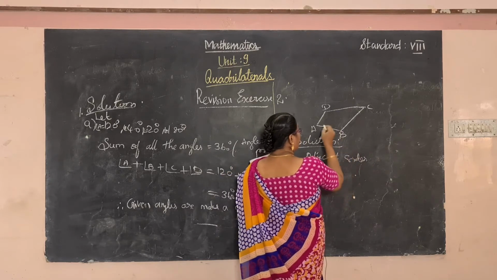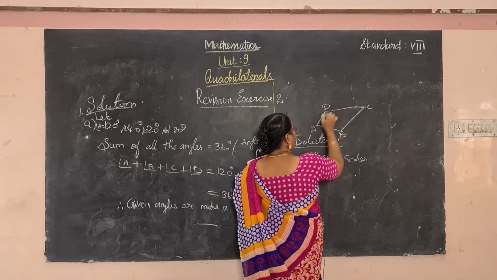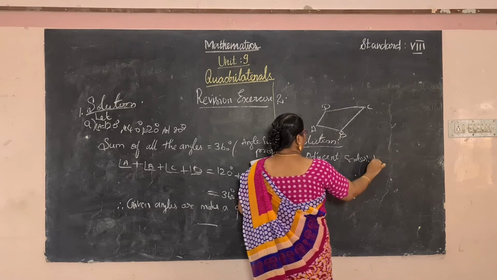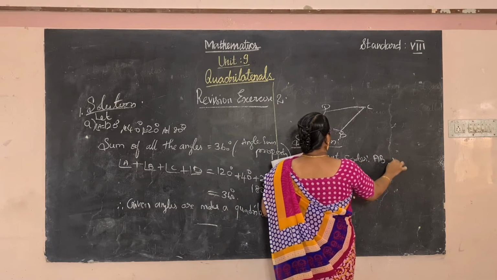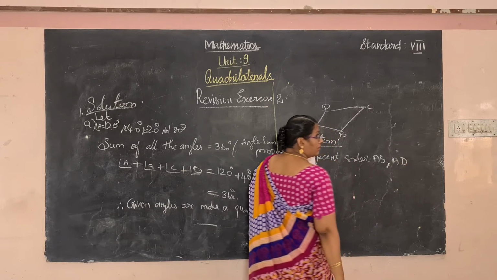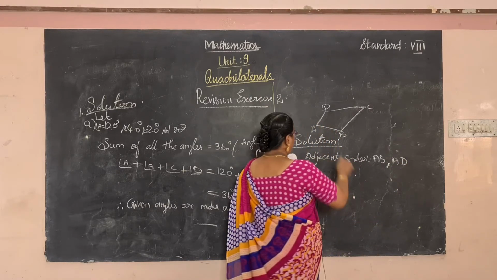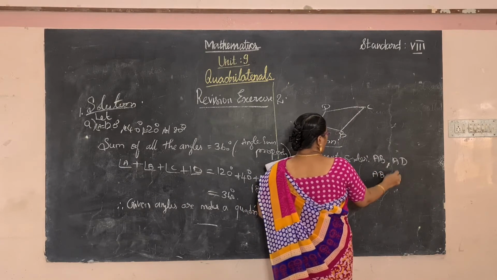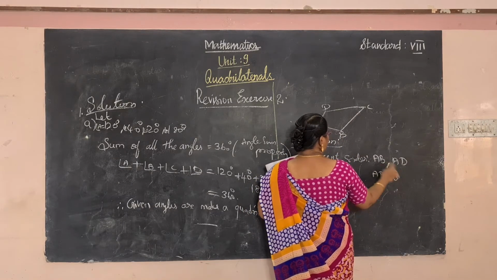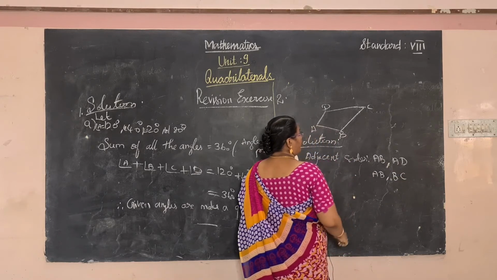Which are they? AB and AD, that is one pair. And next AB and BC, another pair.